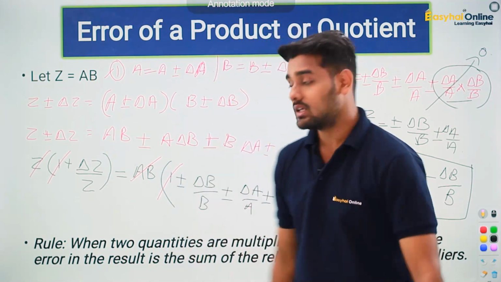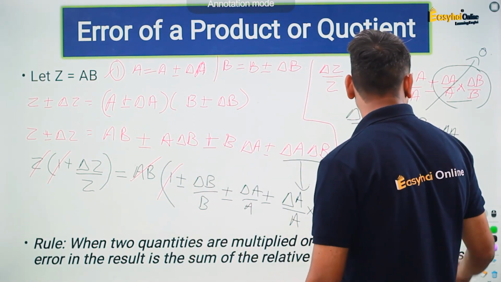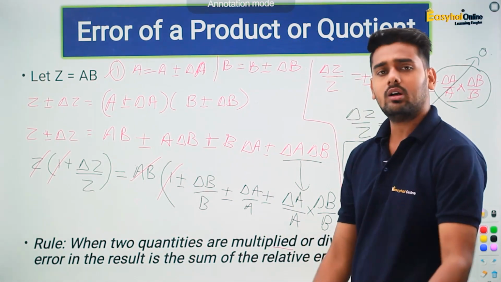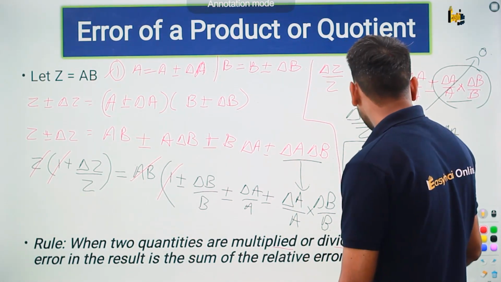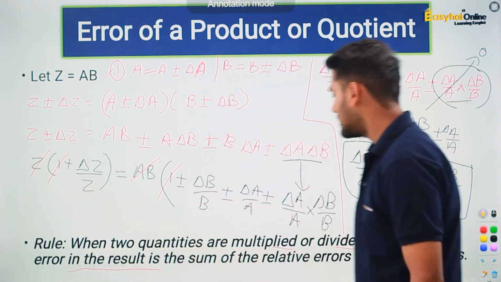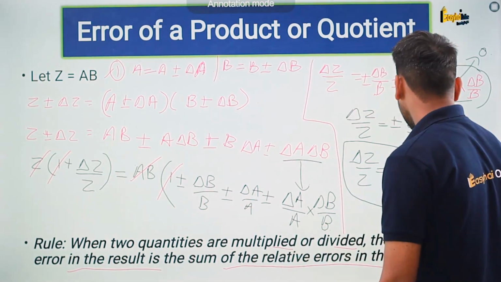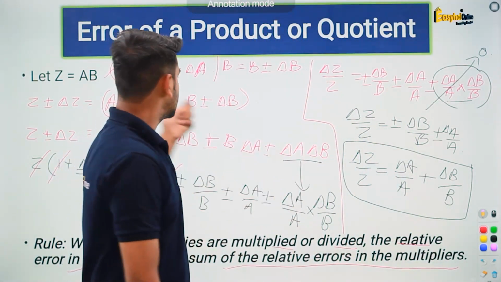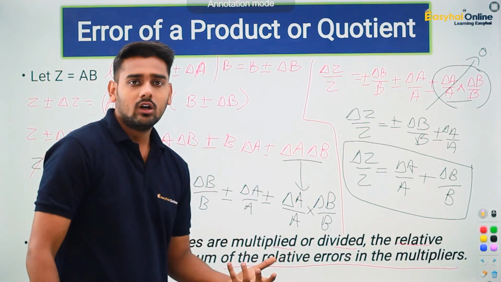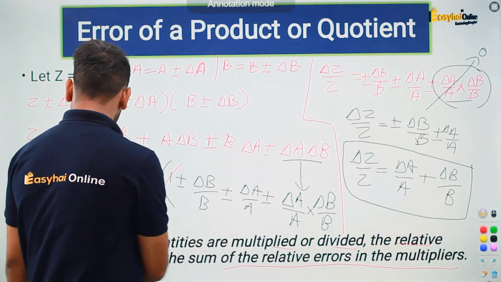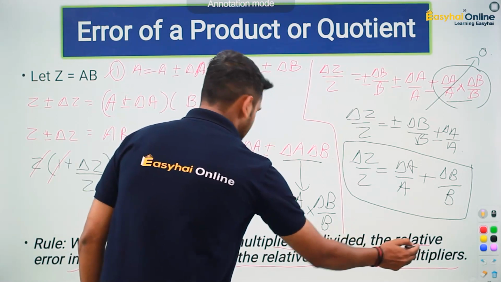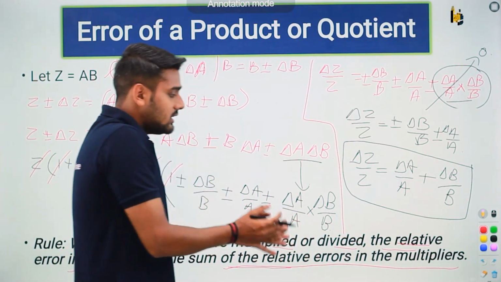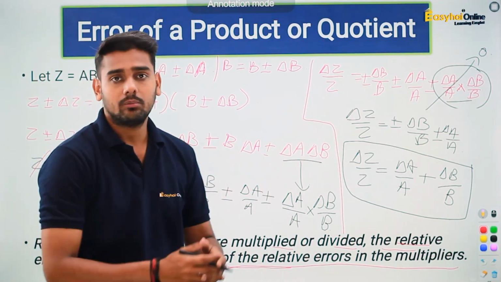So from this, we can simply say that the rule is: when two quantities are multiplied or divided, the relative error in the result is the sum of their relative errors in the multipliers. Therefore, if they are getting multiplied or divided, all you need to do is calculate the relative error of the result as the sum of the relative errors in each of the individual multipliers.